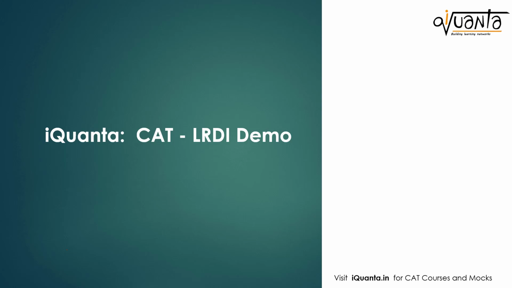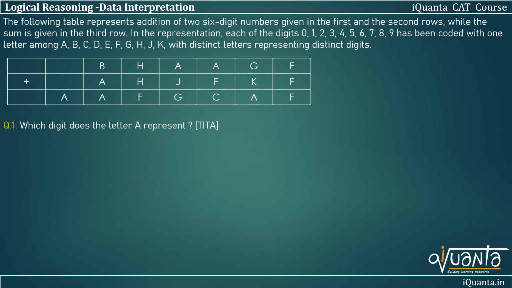So now let us start solving this puzzle from CAT 19 slot 1. The question is, the following table represents addition of two 6-digit numbers given in the first and the second rows, while the sum is given in the third row. So we have a table over here in which we have two 6-digit numbers, and they are being added and the sum is given in this third row.